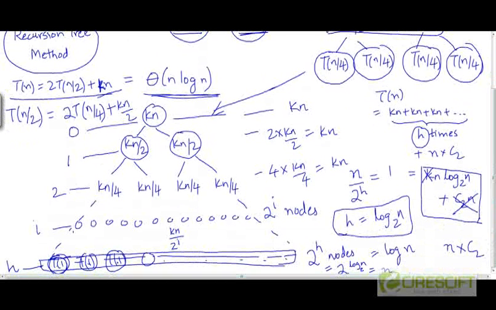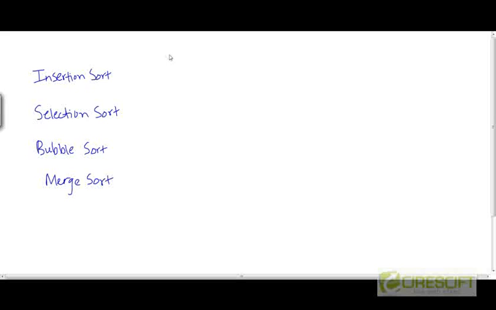So to summarize, we have seen 4 algorithms so far: insertion sort, selection sort, bubble sort, and merge sort. The first three were iterative algorithms.